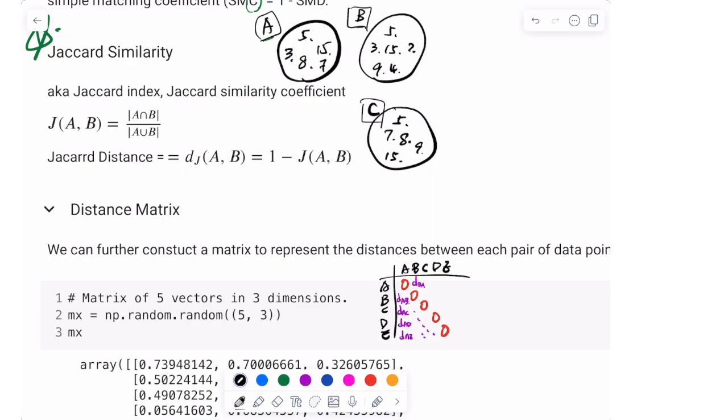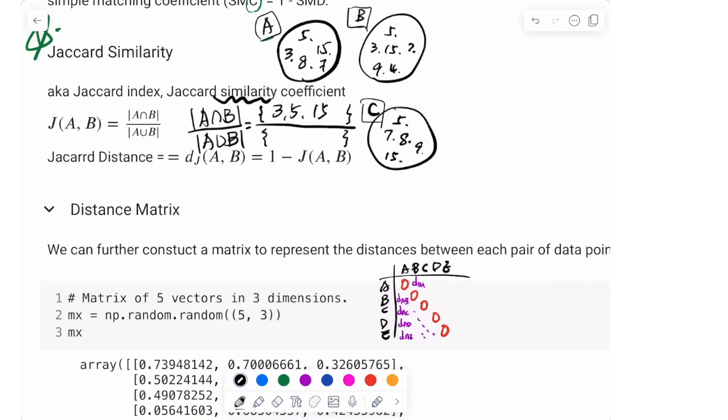To calculate the similarity between set A and B, you simply do this: the intersection over the union. How many items are in A intersect B? That would be 3, 5, and 15, so 3.